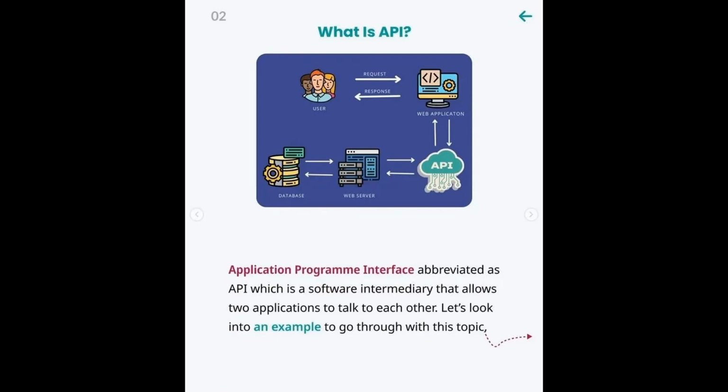The user can request through the web application, and the web application requests through the API, and the API goes through the web server and goes through the database. After the process, the database sends some data to the web server, and the web server sends it to the API, and the API sends it to the web application, and the user gets their response.